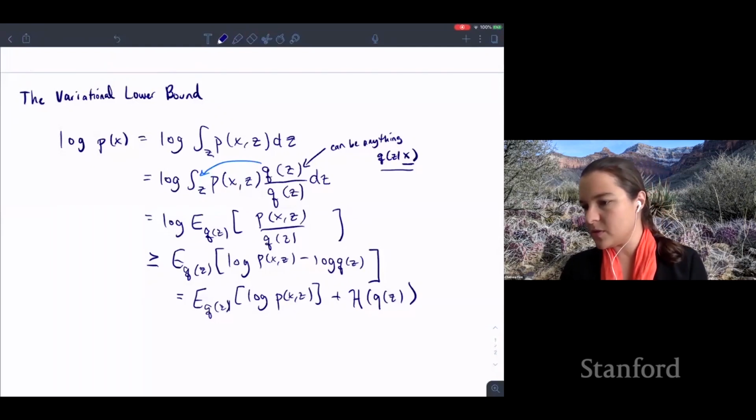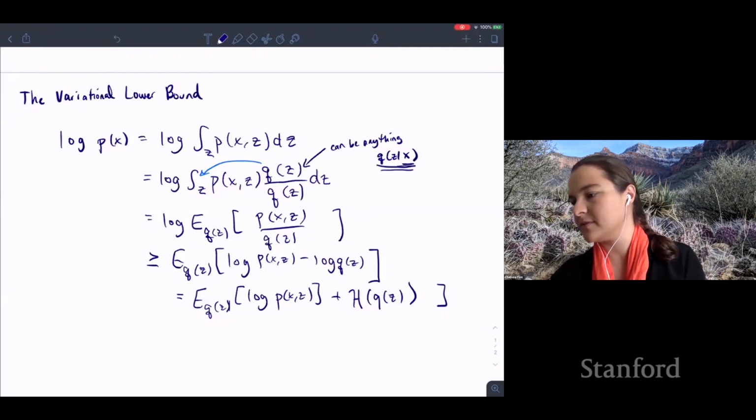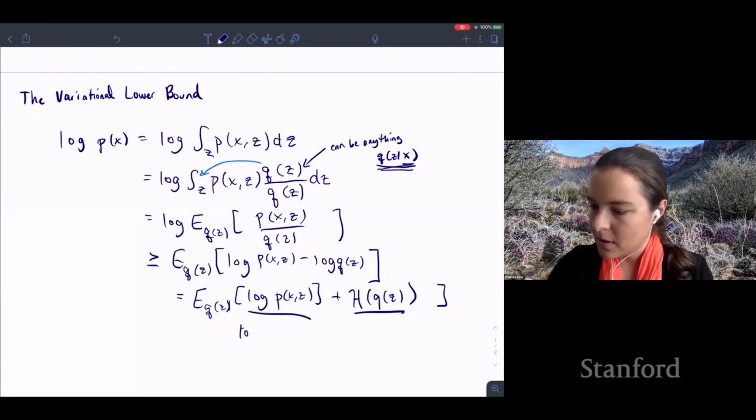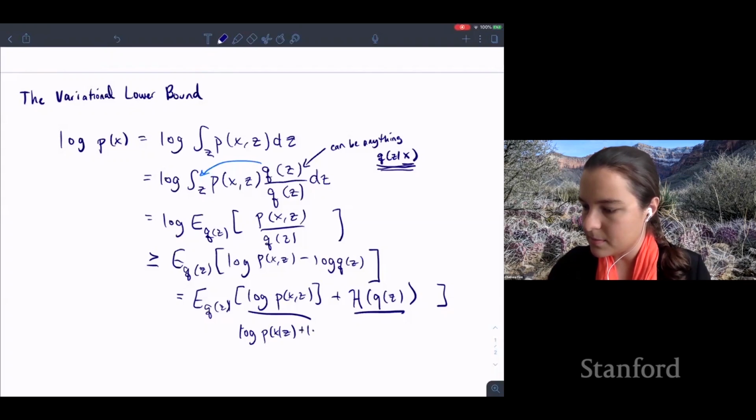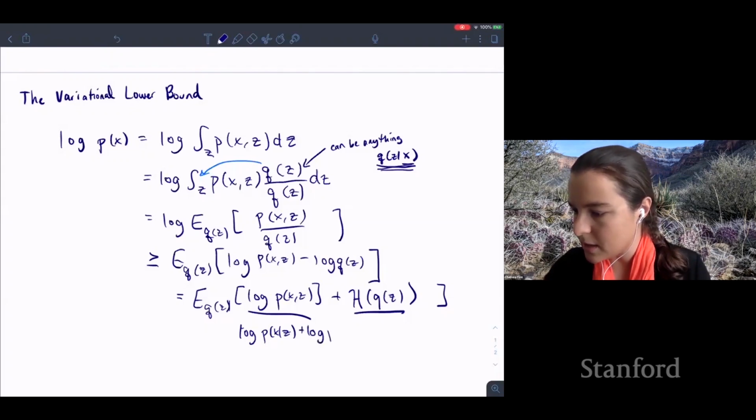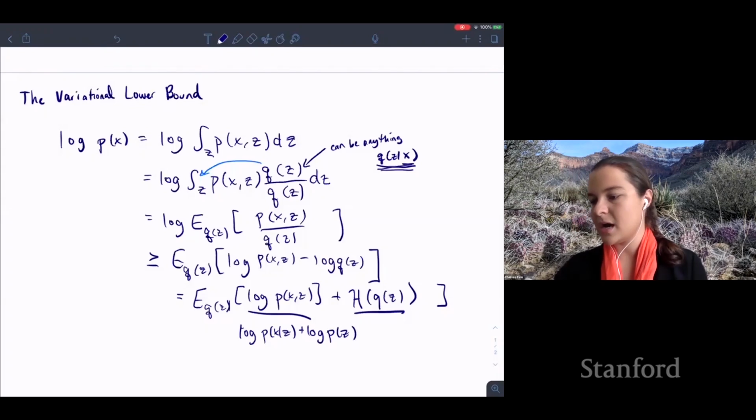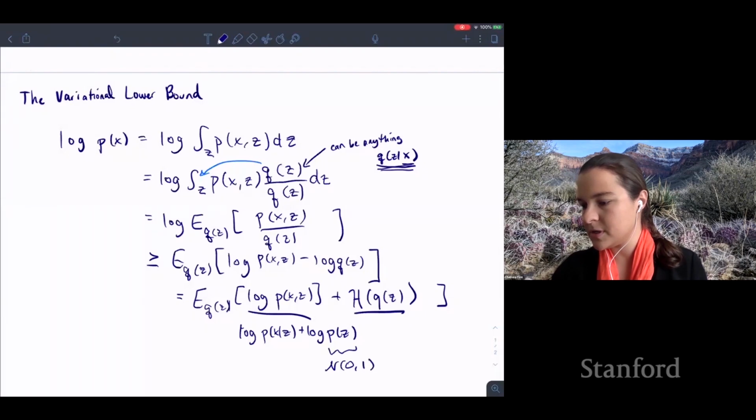The reason why you may want to do this is that this is something that we can optimize. In particular, if for example you set Q of Z given X to be a Gaussian distribution, then you can represent this in closed form, and this is equal to log of P of X given Z plus log of P of Z. We often set P of Z to be a normal Gaussian distribution, and this is represented by a neural network.